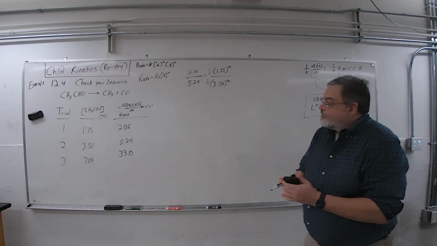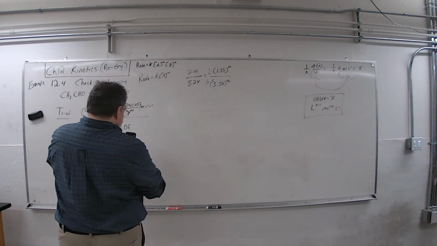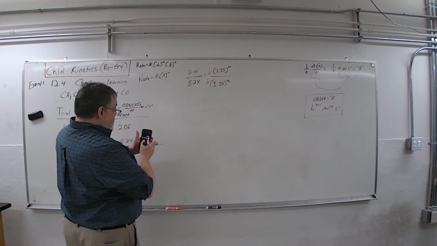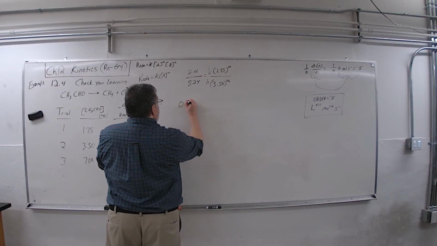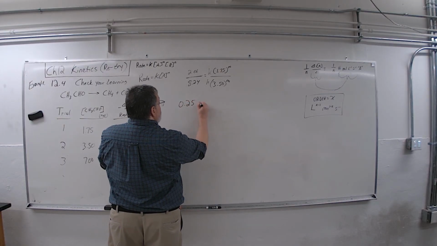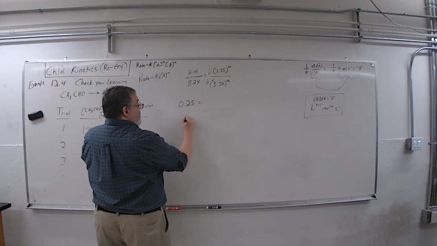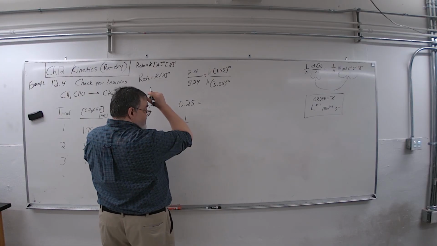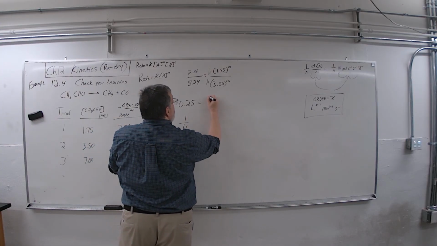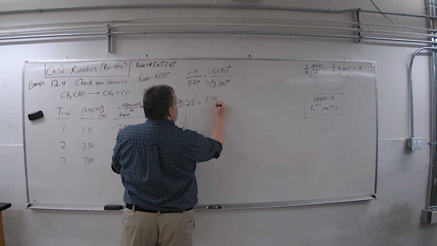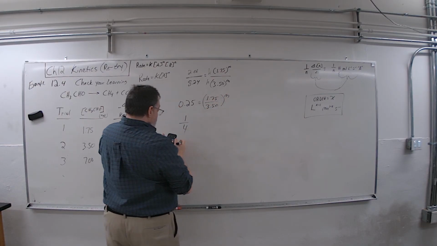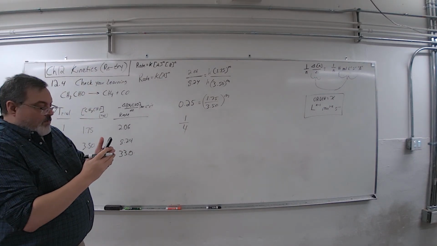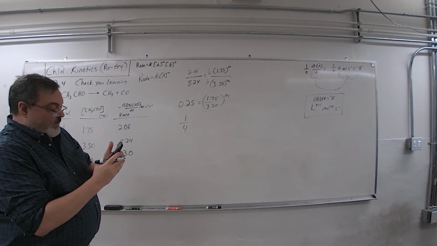Okay. 2.06 divided by 8.24. For the problems you get, these should come out with something that looks pretty simple. 1.75 divided by 3.50.